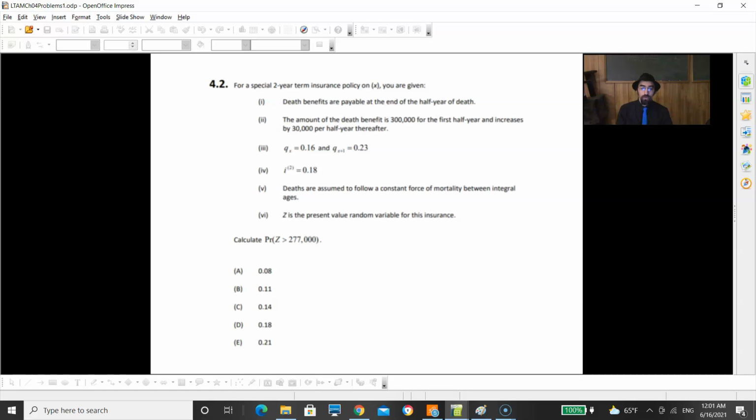They say to assume that deaths follow a constant force of mortality between the integer ages, and they give you the 2-year interest function. And ask you for, or sorry, they give you the present value, and you want the probability that Z is greater than 277,000.